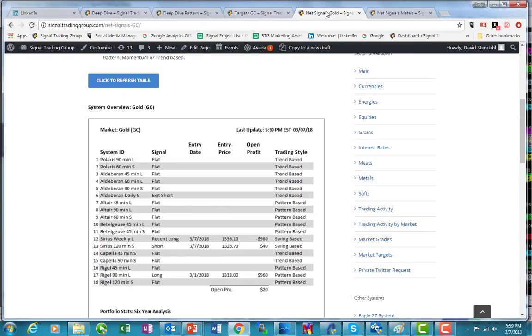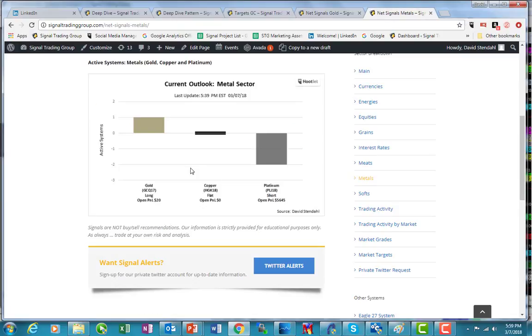Now for our purposes, I'm going to point this out first. Here's the gold sector. So we trade gold. The systems will trade copper and platinum. So just to interpret this, from the surface, it looks like we're net long one position in gold with a whopping $20 profit. We're completely flat. That's why it's black.